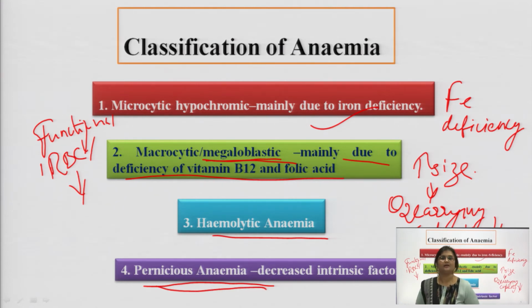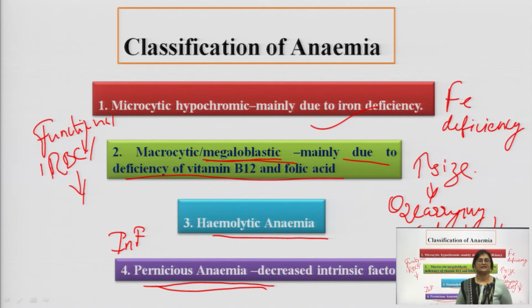Pernicious anemia sees a decrease in the number of intrinsic factors, also known as IF factors. This decrease in intrinsic factors leads to non-formation or decreased formation of RBC, thus leading to the condition called anemia.